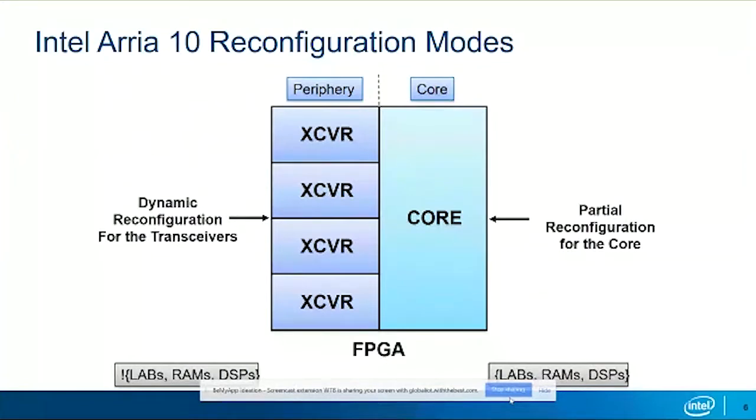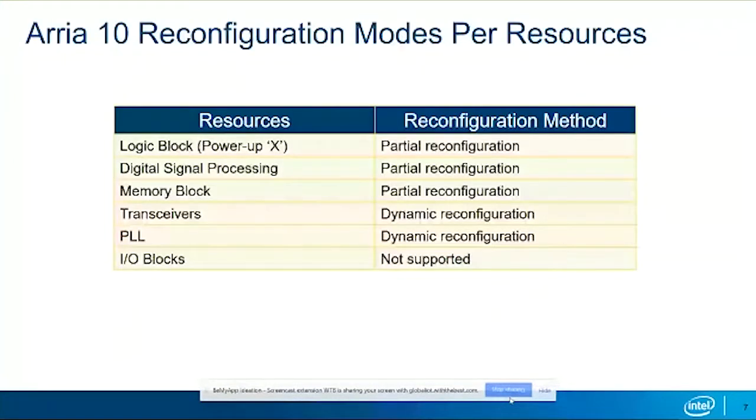So really summarizing that, what this tells you is partial reconfiguration applies to memory, the DSP blocks, and to the logical blocks, or what we call the ALMs. Now what's key here is the logic blocks power up in a don't care condition, in an unknown condition. Typically in FPGA design, you have the option of specifying what condition your registers will power up to.